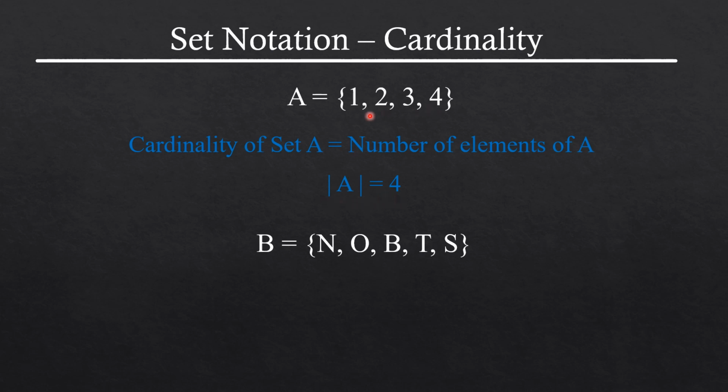So the cardinality of this set is 4 because there are 4 elements. If you were asked to look at set B, then the cardinality of B is 5 because there are 5 elements of this set. So cardinality turns out to be pretty easy.